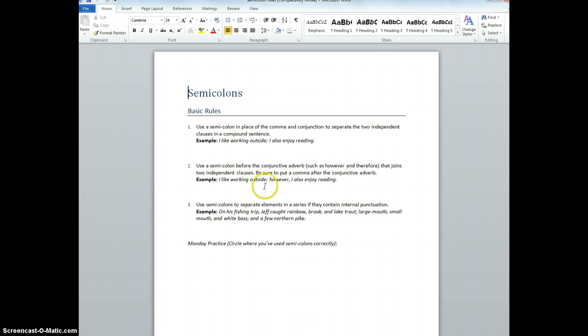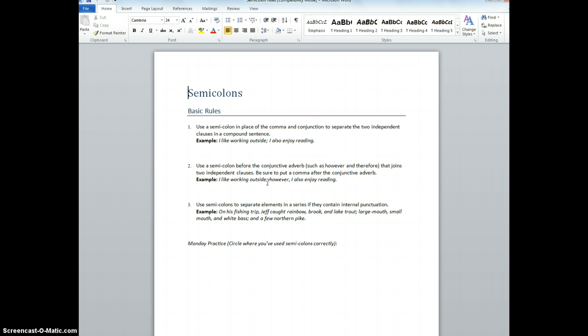Now what you need to make sure is if you are using a semicolon before however, that what is on the first side of the semicolon is an independent clause, and what is after your conjunctive adverb is also an independent clause. If either one is instead a dependent clause, then you would not use a semicolon, you would just use a comma according to your comma rules.